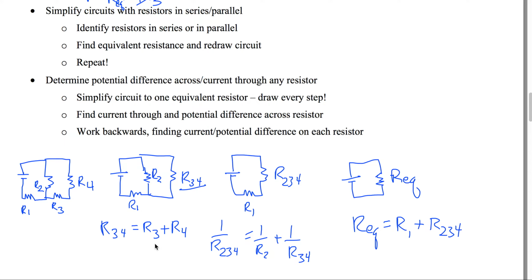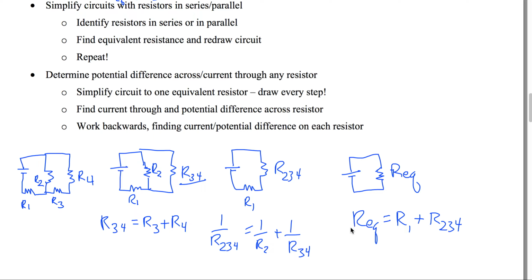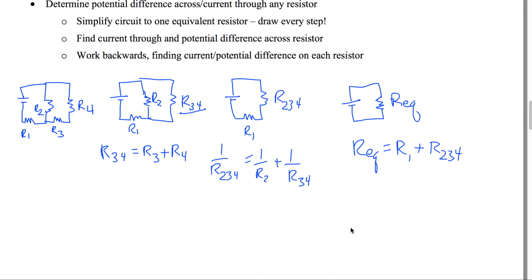It's really helpful to be organized and write down every step, and then you'll be able to work backwards. You should be able to find the potential difference across or current through any resistor. Let's say I ask about R2.